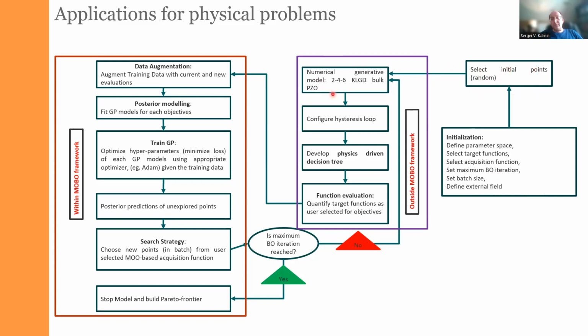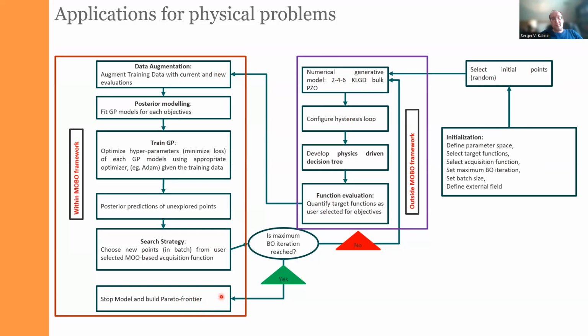So then we start to evaluate the behavior of the system. We perform the calculation, create our hysteresis loop, send it through this decision tree, evaluate our function, and then send it through the Bayesian optimization workflow.